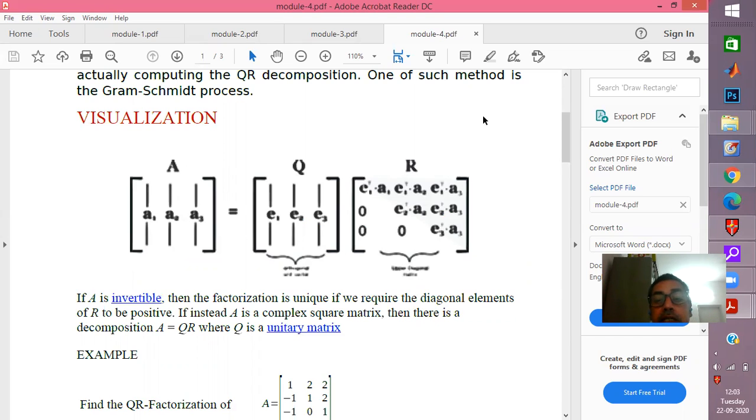The right-hand side is an upper triangular matrix. If the matrix A is invertible, then the factorization A equals Q into R will be unique.